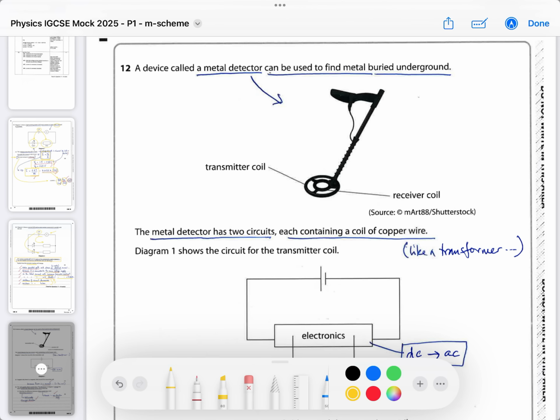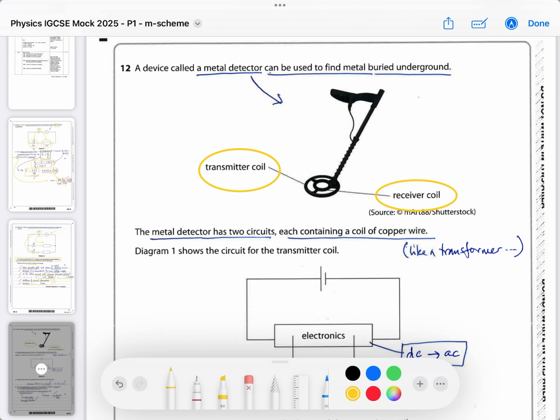So if you've got a coil in the diagram, it mentions that you've got a transmitter coil, so that's transmitting something. Yeah, what do you think will be transmitting? And then on the inner circle, there's a receiver coil. Okay, now isn't that a bit like a transformer? Yes. So the 2 coils, one is transmitting and one is receiving.